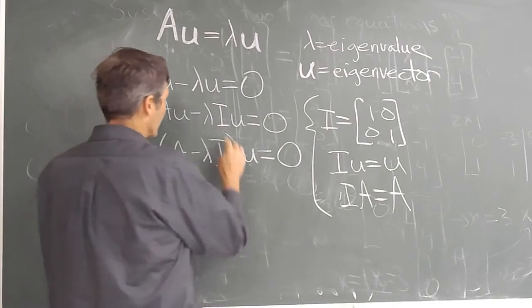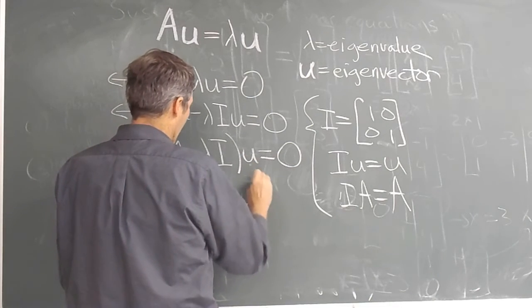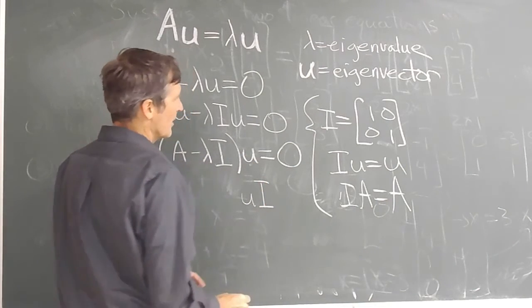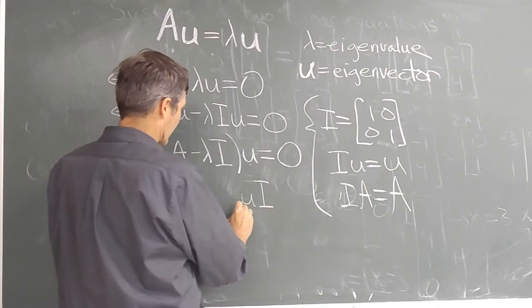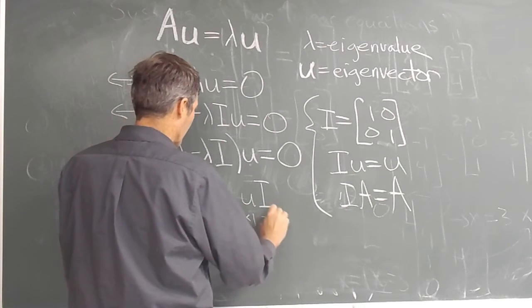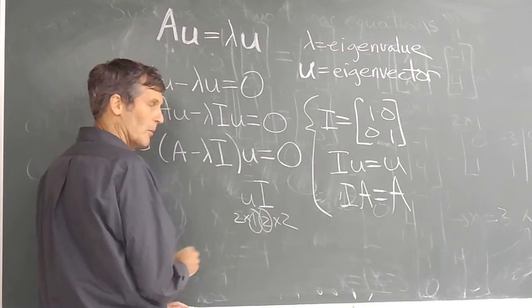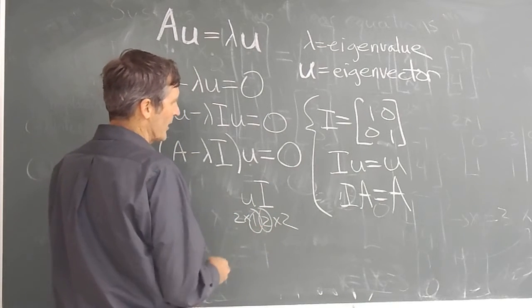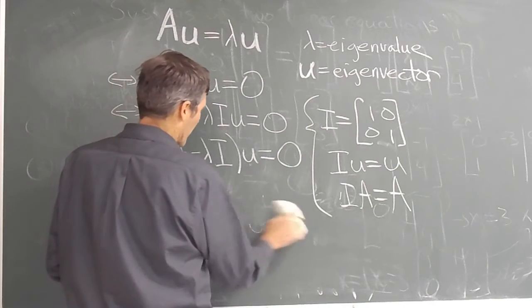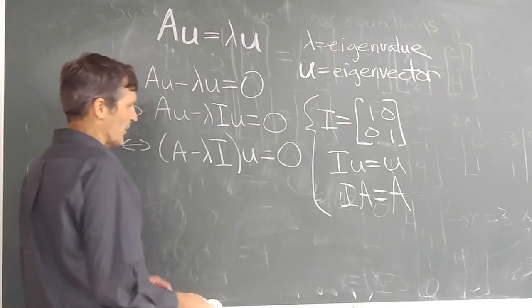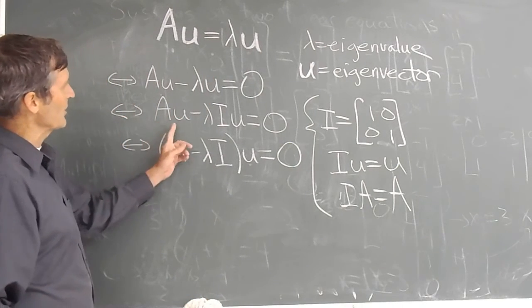For instance, you can't, instead of I u, write u I. They aren't compatible for multiplication, right? This is a 2 by 1 and this is a 2 by 2. This one has to have the same number of columns as this has rows, so you can't multiply them. So you can't just multiply in any order, but the other properties of algebra with numbers tend to be true, such as the distributive property.